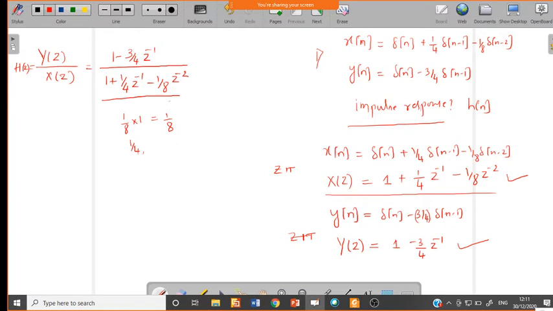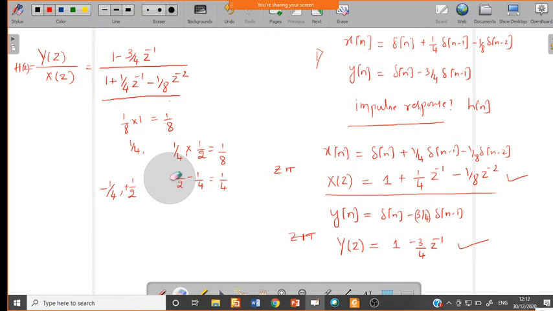If I choose the roots as 1 by 4 comma 1 by 2, then your product will become 1 by 8, and if you subtract 1 by 4 from 1 by 2, you will get again 1 by 4. So the roots of this equation will be 1 by 4 comma 1 by 2. Which one will be plus and which one will be minus? The half will be plus and 1 by 4 will be minus. So these are all the roots of this equation.